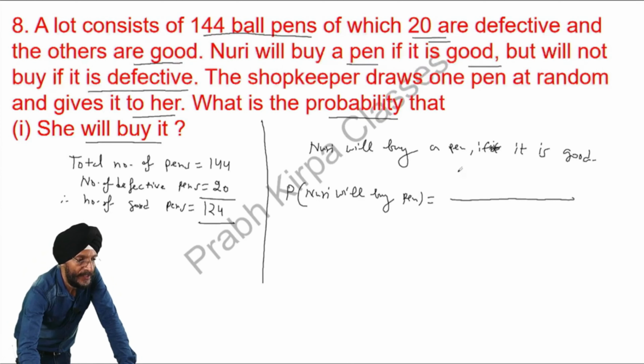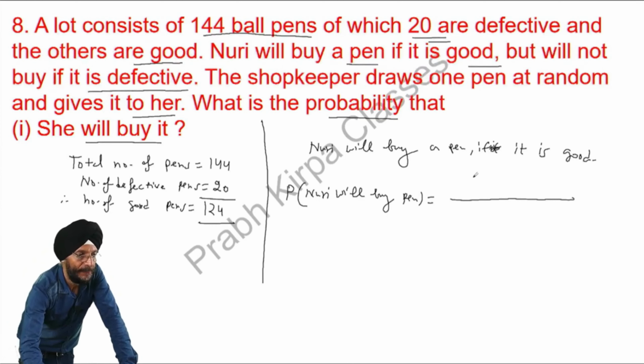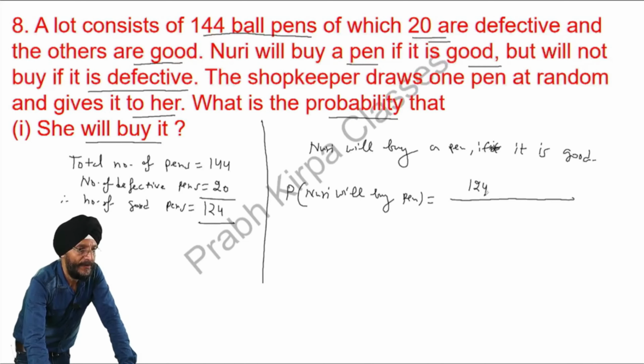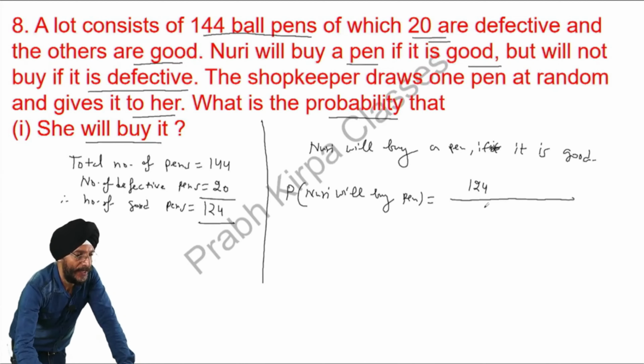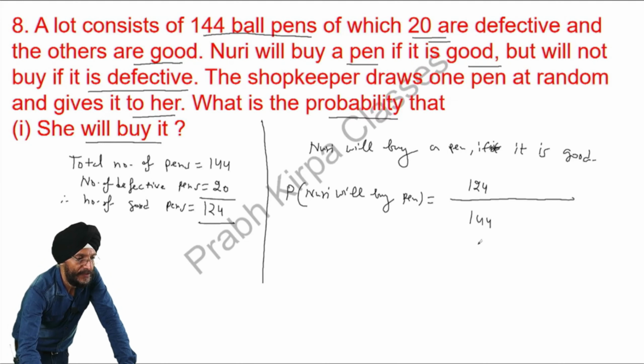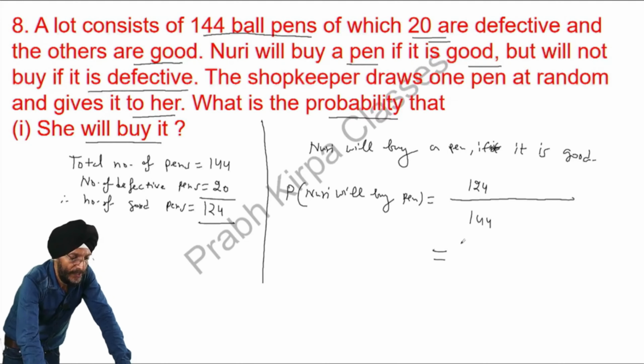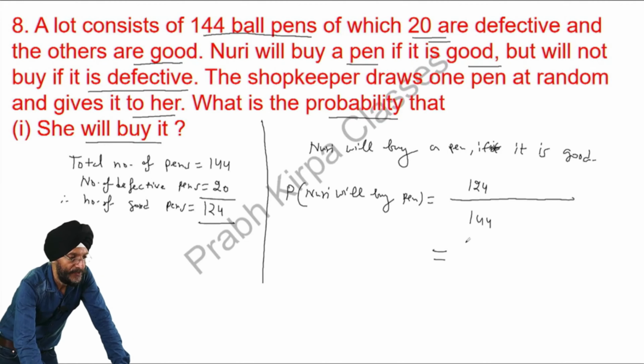So here, the number of favorable outcomes are the number of good pens. The number of good pens are 124. And what is the total number of pens or the total number of possible outcomes? These are 144. We will divide both by 2.